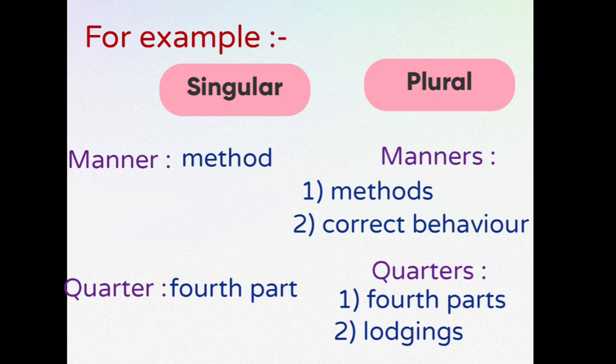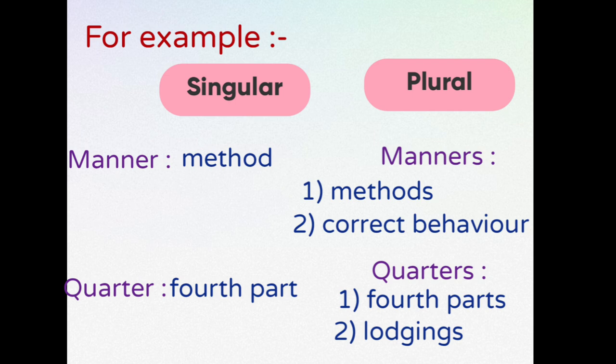Second example, quarter means fourth part in singular form, only one meaning is there. But if we take the plural of it, that is quarters, it has two meanings, fourth parts and lodgings. So here you saw that in singular only one meaning is there, whereas in plural form there are two meanings.